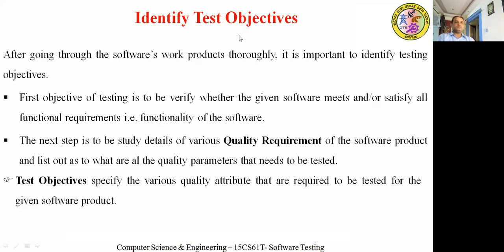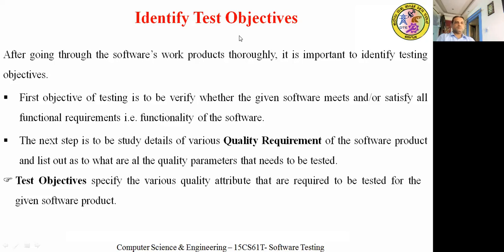Identify test objectives. After going through the software work products thoroughly, it is important to identify testing objectives. The first objective of testing is to verify whether the given software meets and satisfies all functional requirements, or functionality of the software.